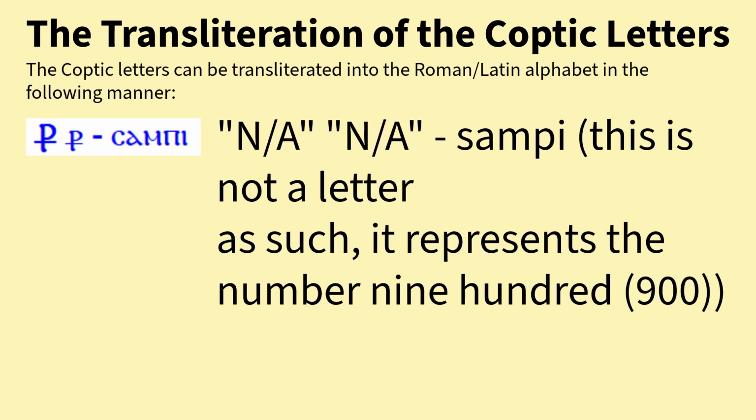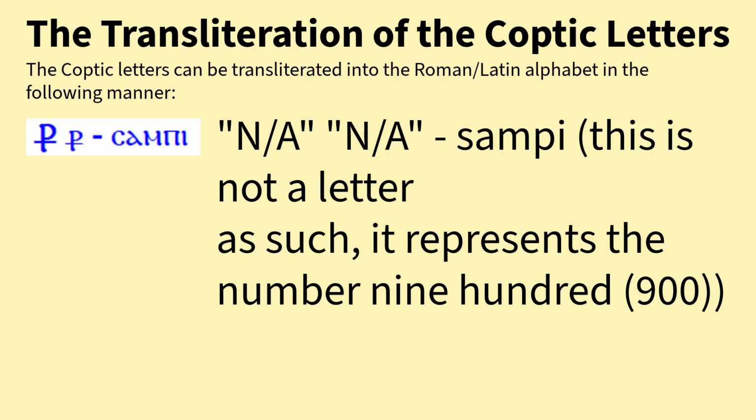And finally, the final Coptic letter of the Coptic alphabet isn't, strictly speaking, again, a letter. It's like the sixth letter of the Coptic alphabet, simply a symbol or letter with a numerical value. Its name is sambi. So sambi, this is not a letter as such.